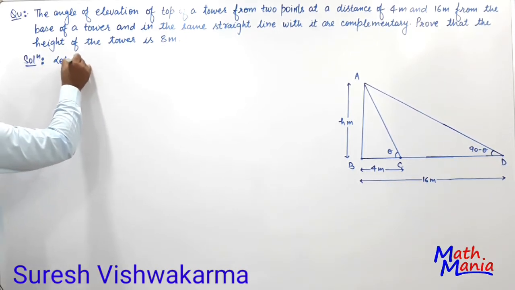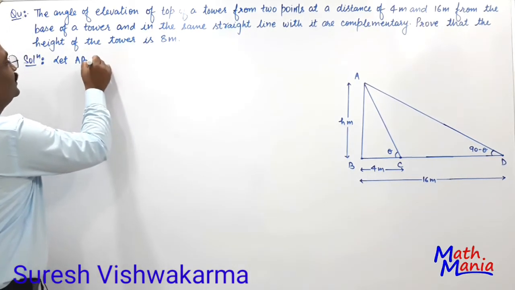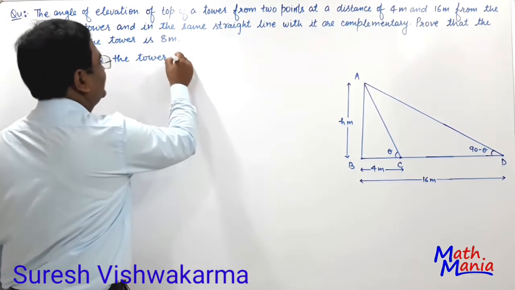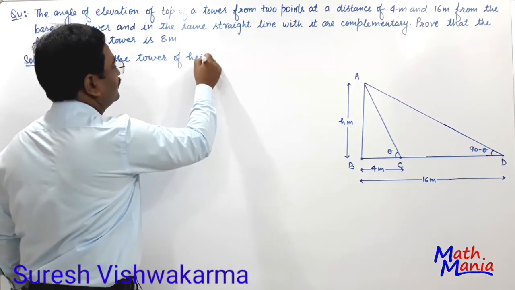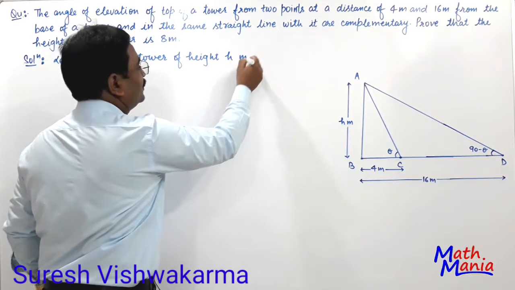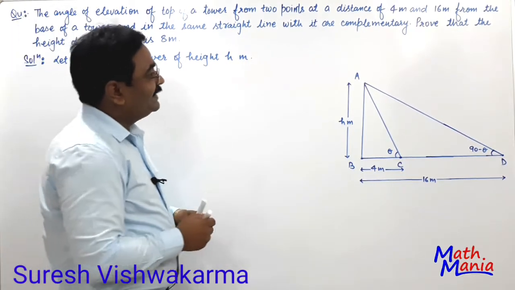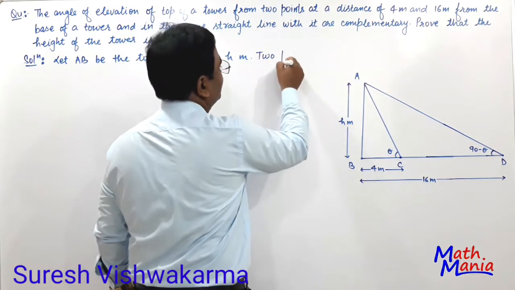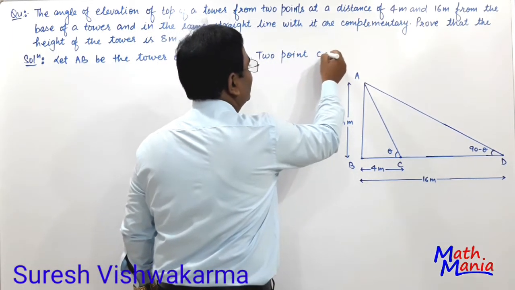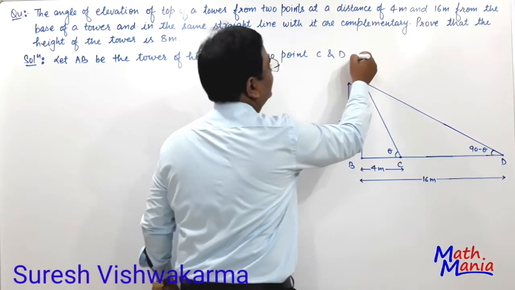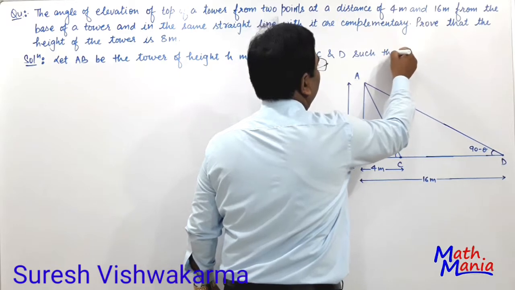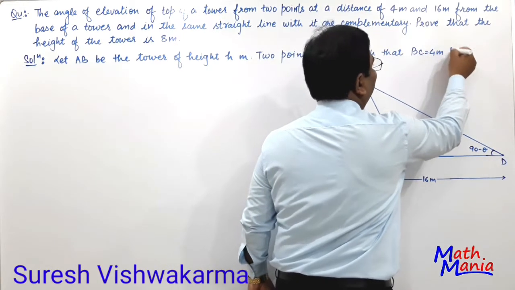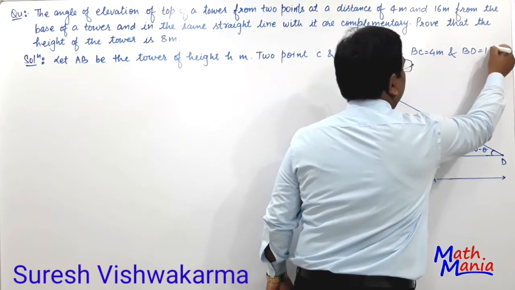So let AB be the tower of height h meter, and there are 2 points C and D such that BC is equals to 4 meter and BD is equals to 16 meter.